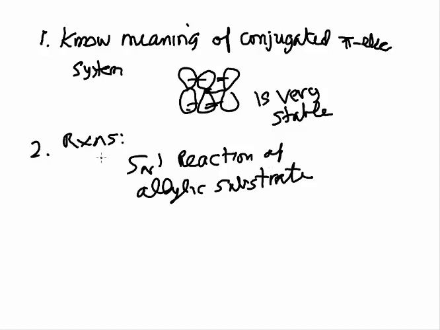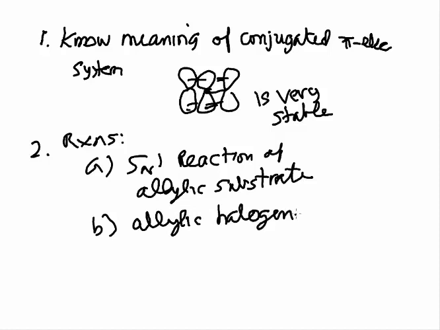And 2, allylic halogenation. This is a reaction of an alkene with 1 or more allylic hydrogens reacting with an allylic halogenating reagent, either the N-bromosuccinimide, NBS, or the sulfuryl chloride.